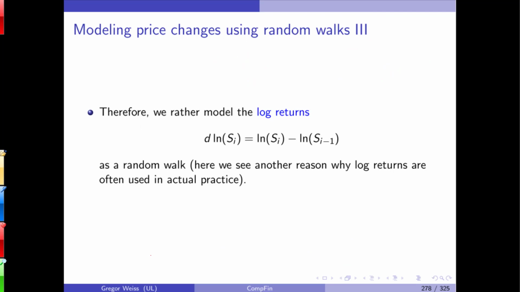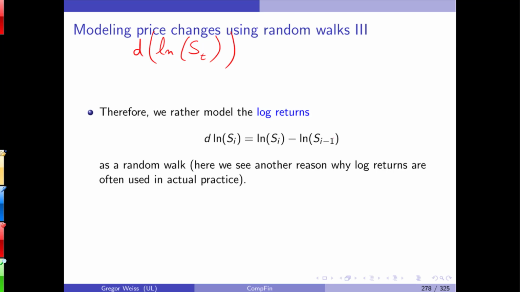But if we take the log returns, if we take the natural logarithm of our prices, that is ln S_i, and if we take the difference understood as the difference between ln S_i and ln S_(i-1), this works.